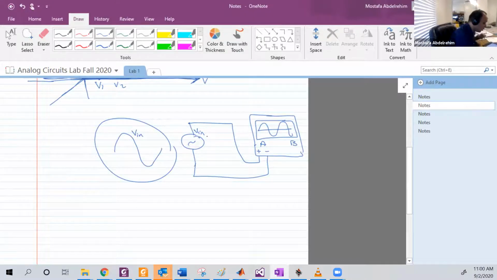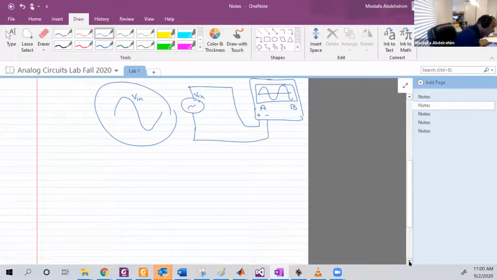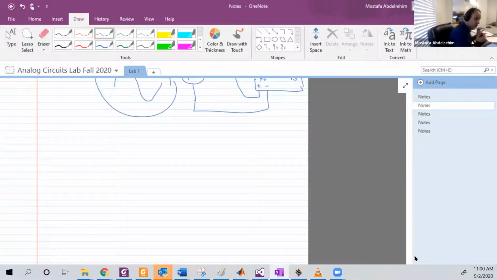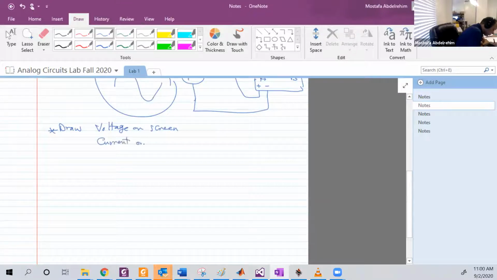So what we actually need our oscilloscope to do is to draw the voltage on the screen and draw the current on the screen as well. But we can't measure current.